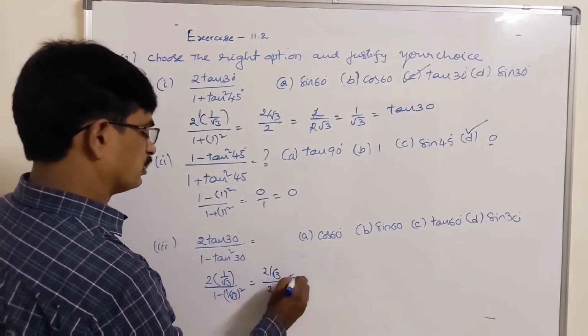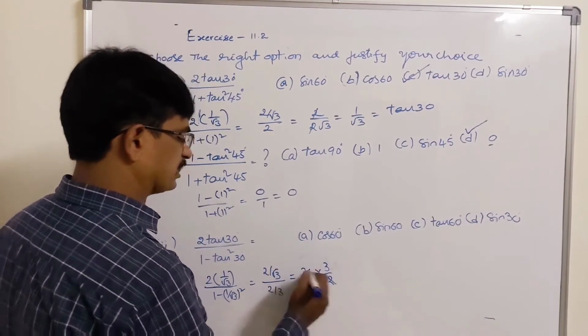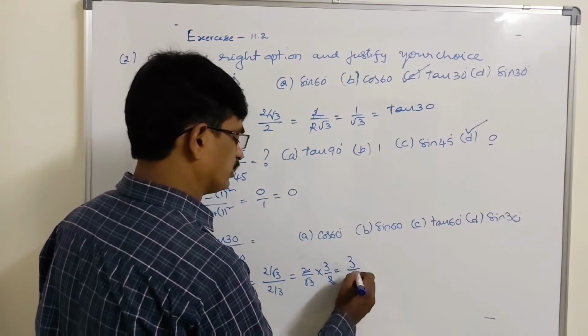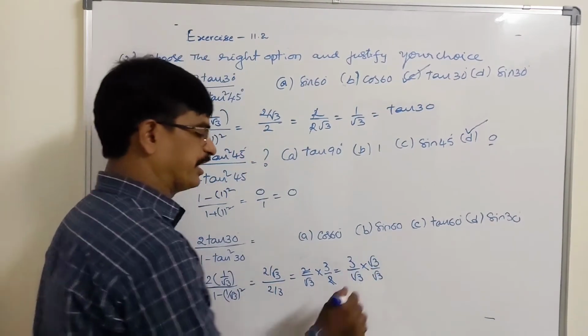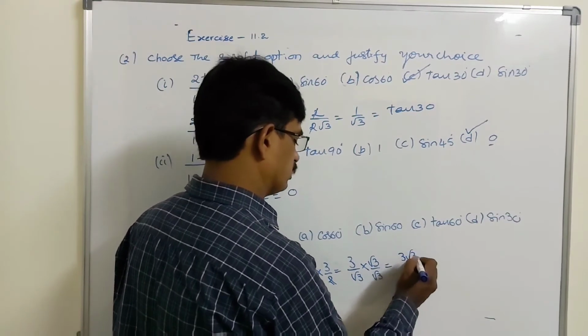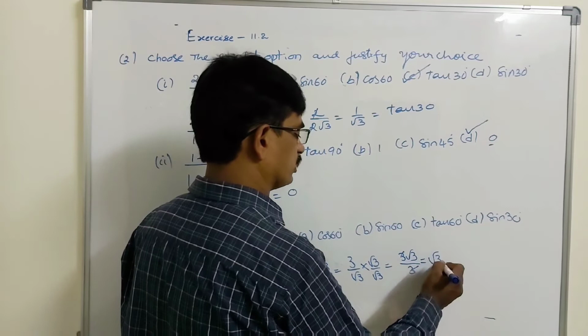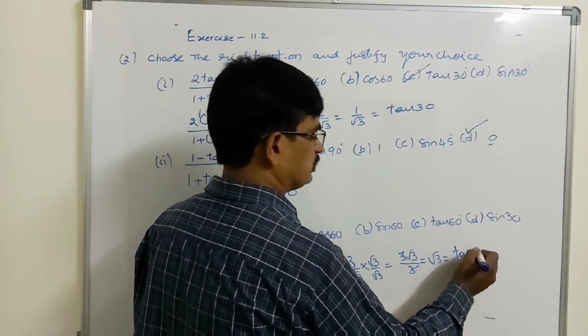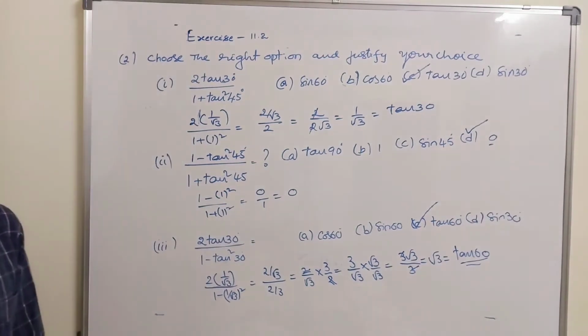That is 2 by root 3 into 3 by 2. The 2s cancel out. Then we get 3 by root 3. Now rationalize the denominator with its rationalizing factor. Then 3 root 3 by root 3 into root 3, the 3s cancel out, then root 3. Root 3 is equal to tan 60. So the option is C.